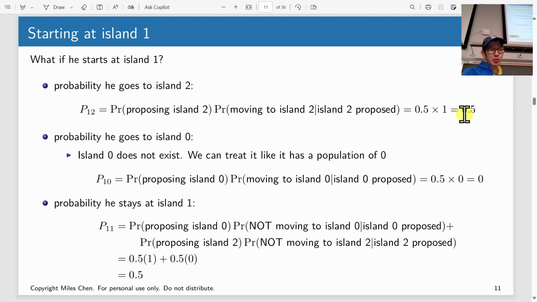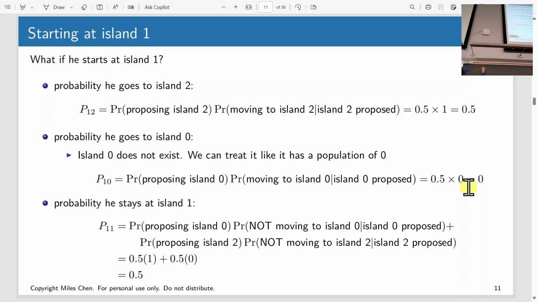But we'll just treat it as if it's an island with 0 population. And so the probability of proposing island 0 would be 0.5. And then the probability of moving to island 0, if we propose it, would be 0 divided by my current population. And so the probability of moving there would be 0. Right? So we'll give this a 0.5 probability. This will be a 0.